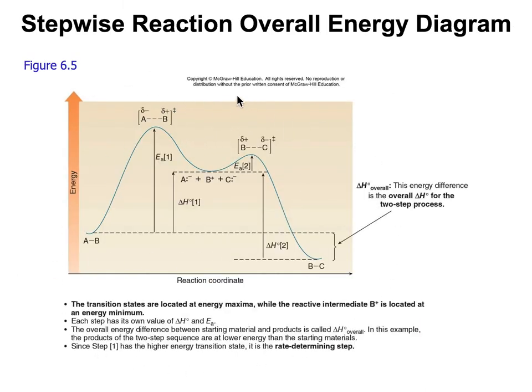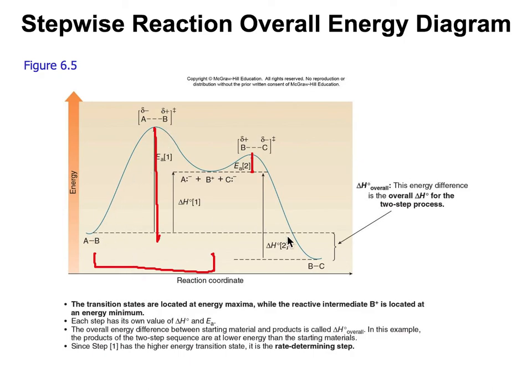And there is so much information that we can get from here. So here we can get the 2 activation energies. And so based on these activation energies, we know that the first step is the rate determining step. So the reaction will go as fast as this first rate determining step can go.